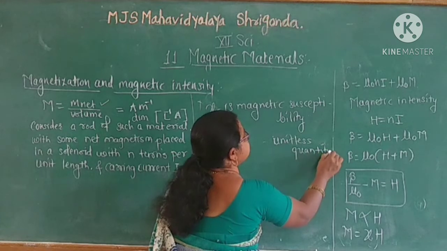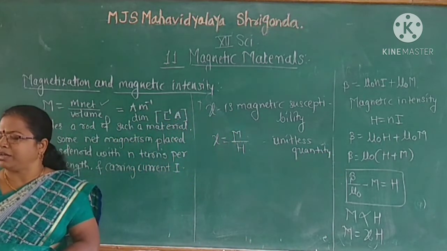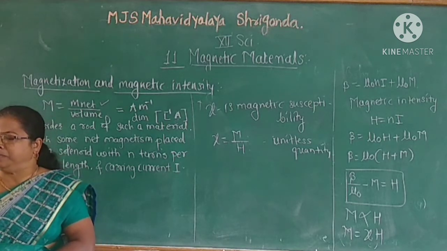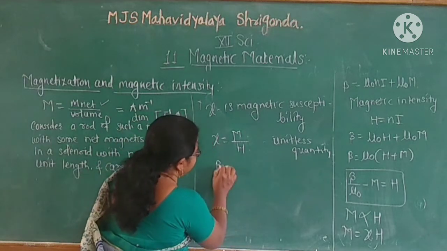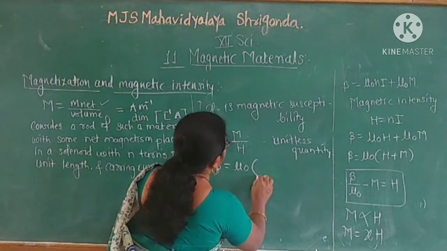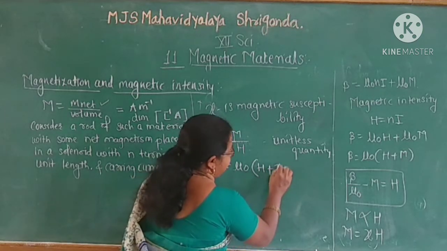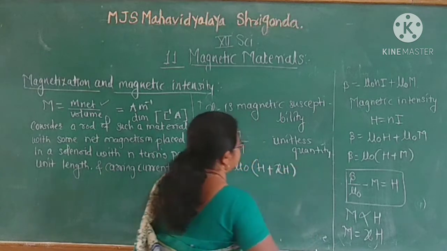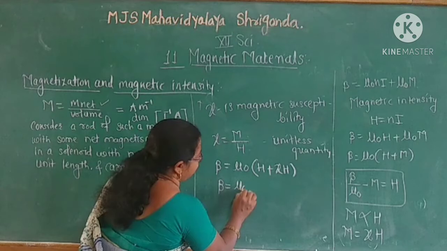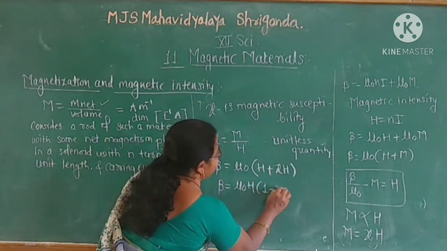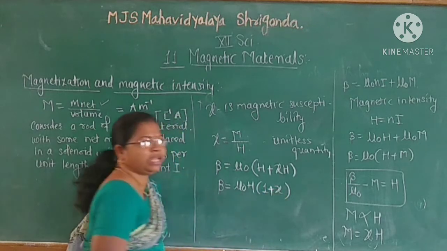Substituting all these factors, since B is equal to mu naught into bracket H plus Xi into H, H becomes common: B is equal to mu naught H into bracket 1 plus Xi.